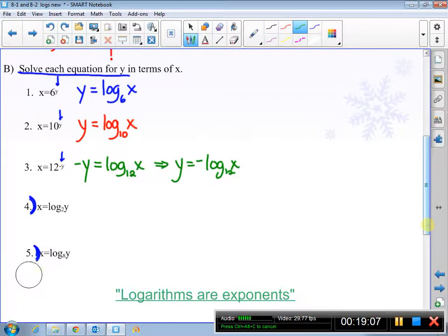All right, these are a little different because I actually have a logarithm question written here. So let's see what we can do. Do you know when you look at this what the base is? Do you know what the exponent is?